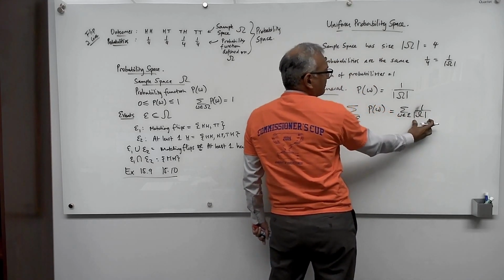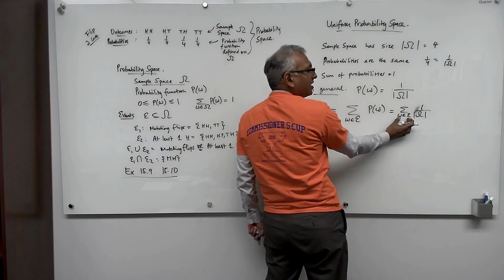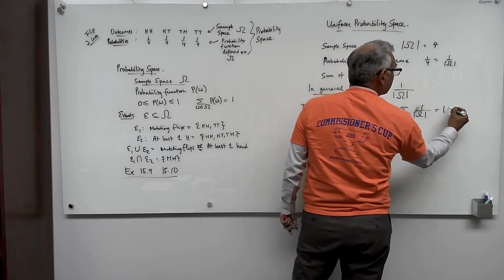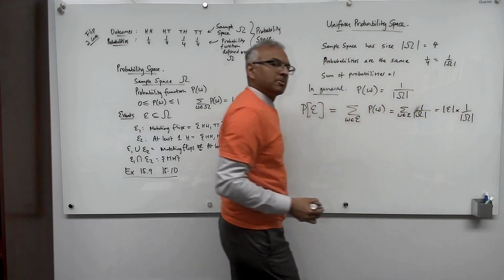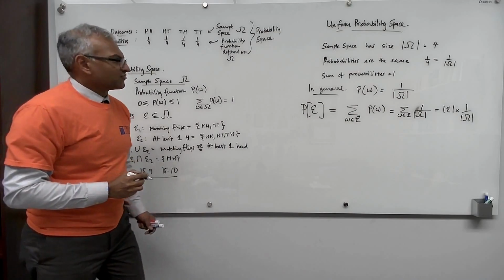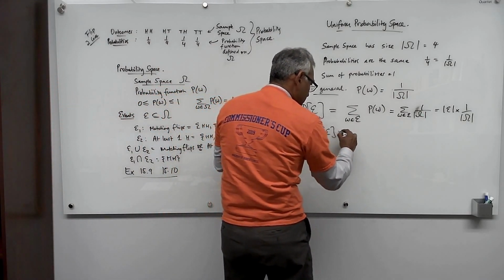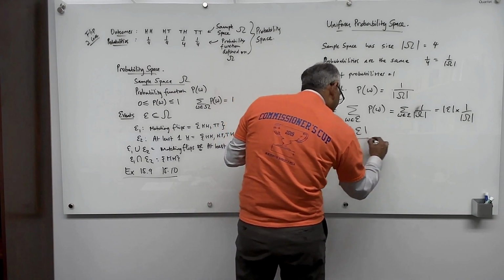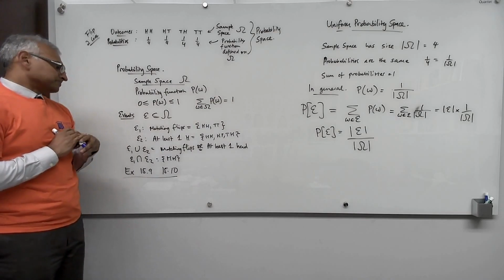So I'm adding up 1 over the size of the sample space for each outcome in the event, and I end up with the number of outcomes in the event times 1 over the sample space size. So I'm going to box this for uniform probability spaces: the probability of an event is equal to the size of the event divided by the size of the sample space.